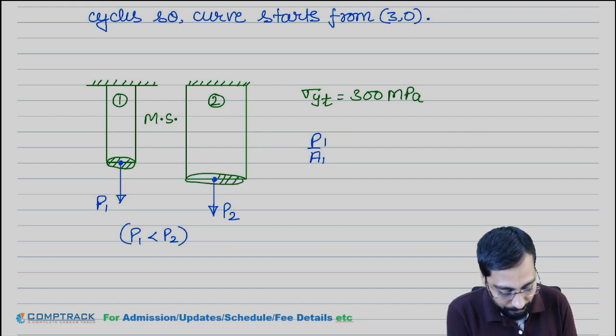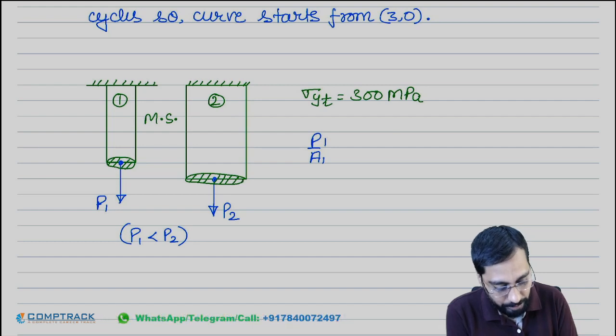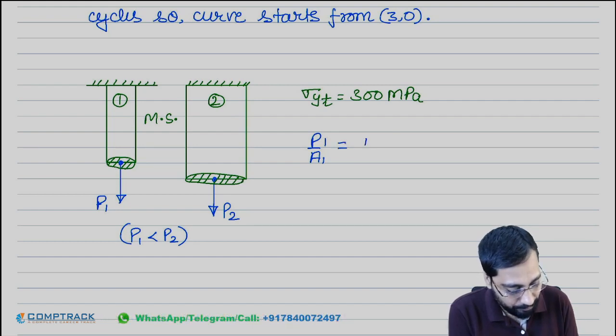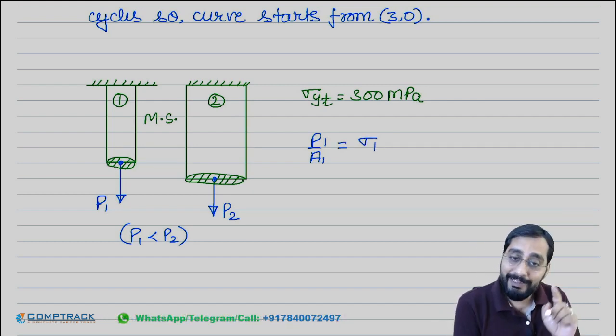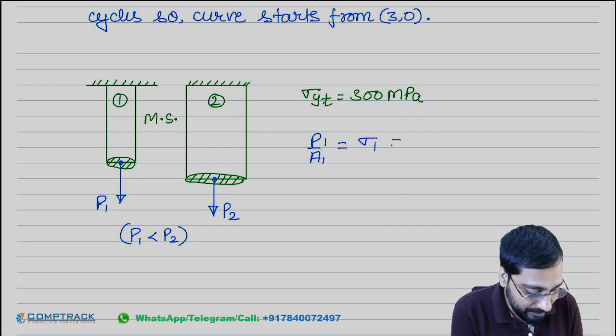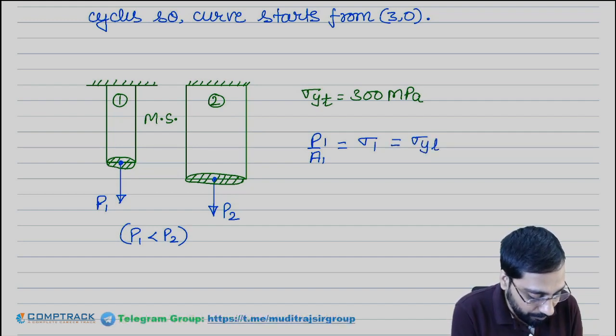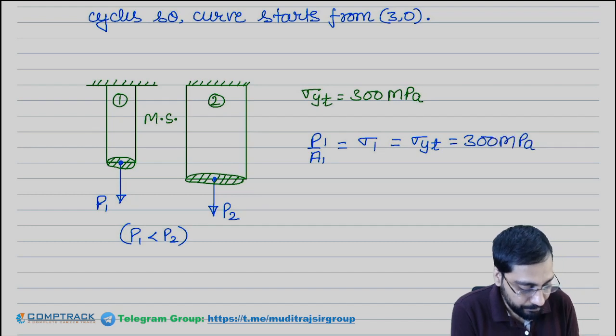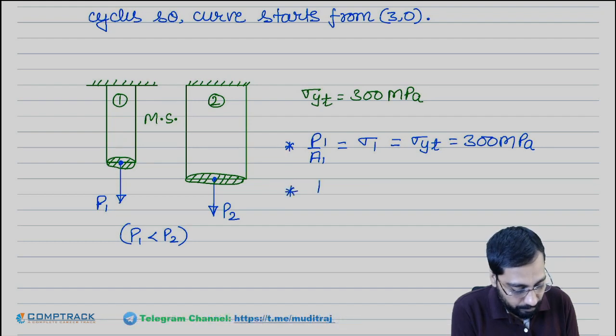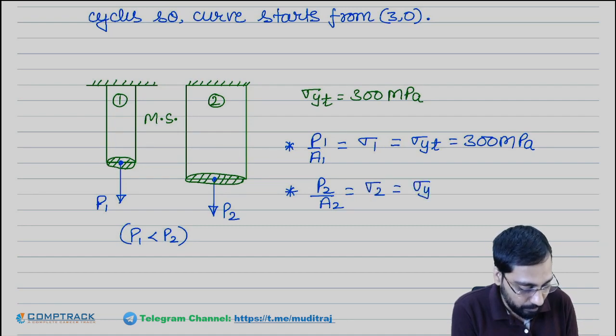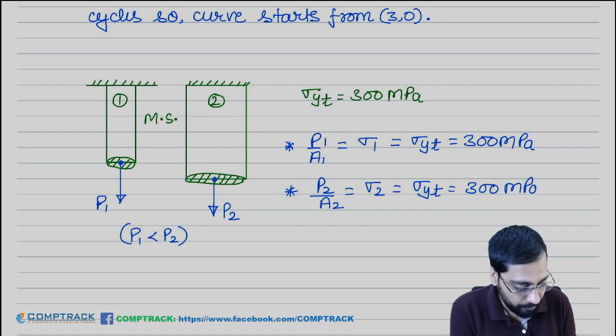In the first bar, when you apply the P1 load, the stress will be sigma 1. But the failure has started, meaning the stress value will reach sigma YT, that is 300. And for the second bar, failure started at P2, so sigma 2 will be the stress, but sigma 2 will also be sigma YT, then failure will start. Got the point or not?